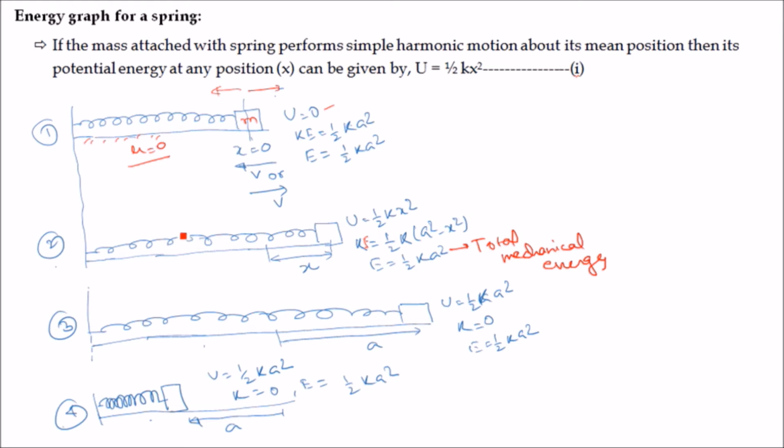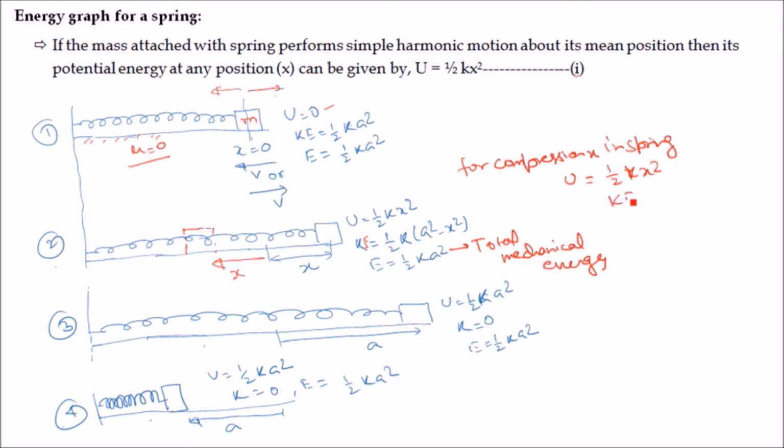Similarly, if the object moves in such a way that it comes to a distance x from its mean position on the left hand side, that is, the spring has been compressed by a distance equal to x, then again the potential energy for compression x in the spring is equal to half kx square.